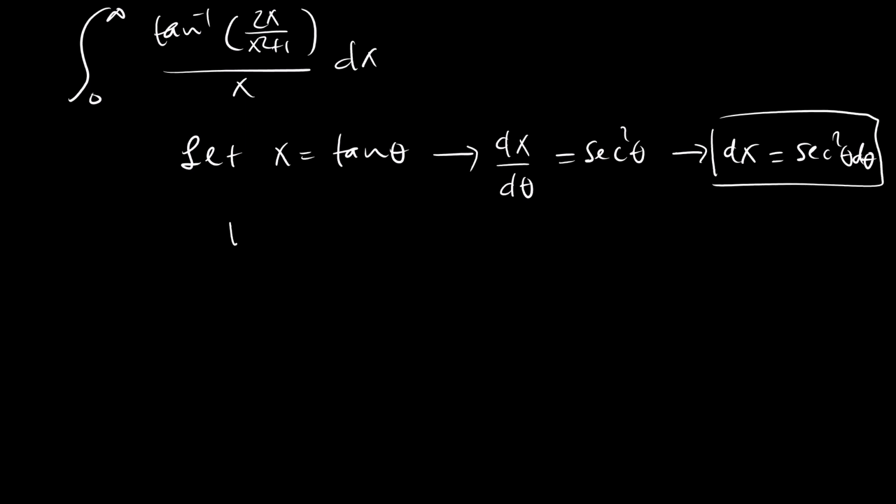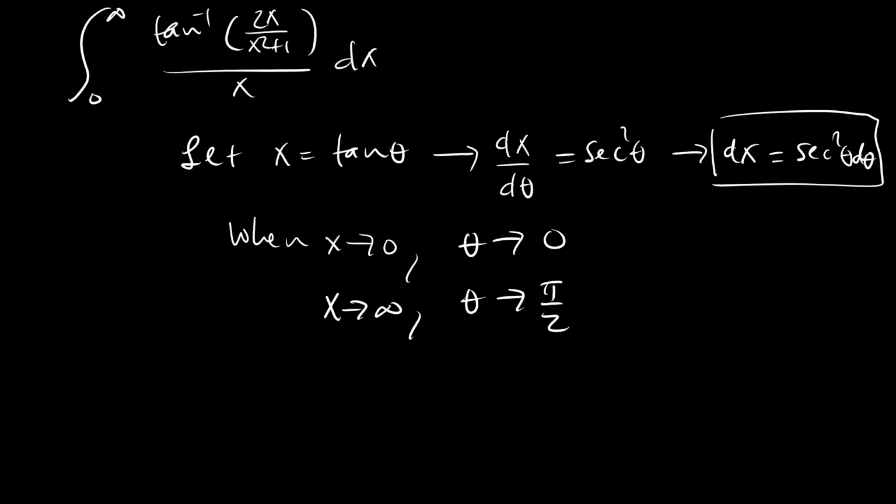Now, when x tends to 0, theta tends to the arctangent of that, which is 0. When x tends to infinity, theta tends to pi over 2.